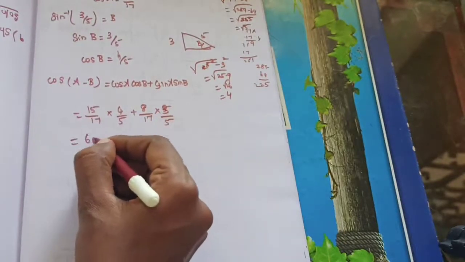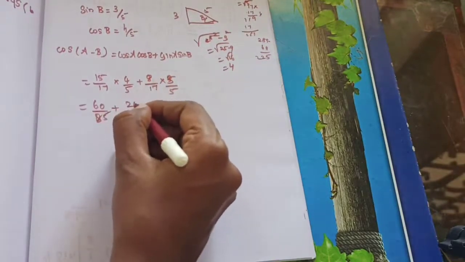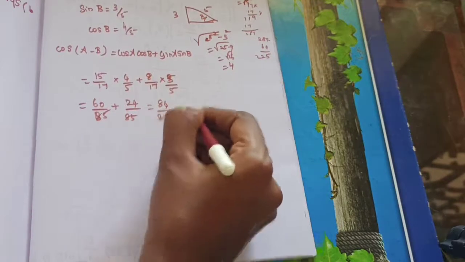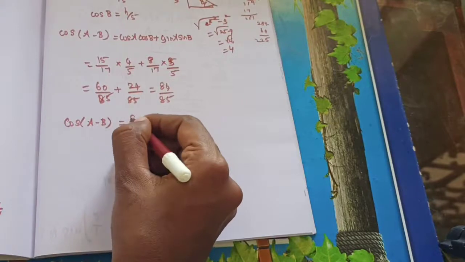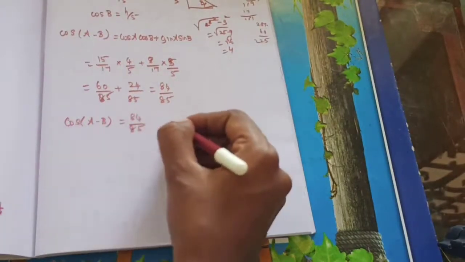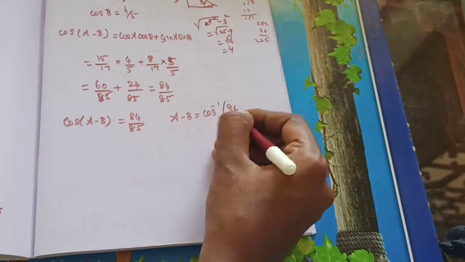So that's equal to 60 by 85 plus 24 by 85. So how much you will get? 84 by 85. Correct? Now, cos of A minus B is equal to 84 by 85. Is it right? So from this you take this side. So what will happen? A minus B is equal to cos inverse of 84 by 85.